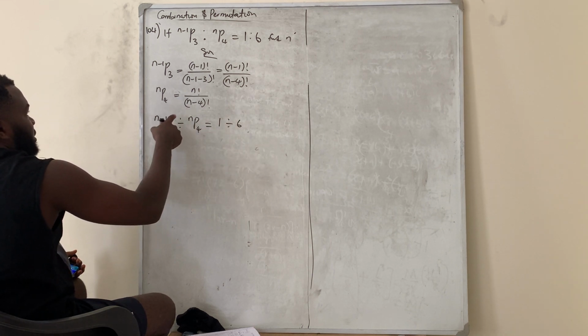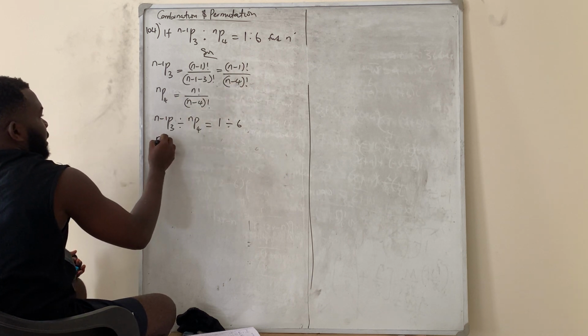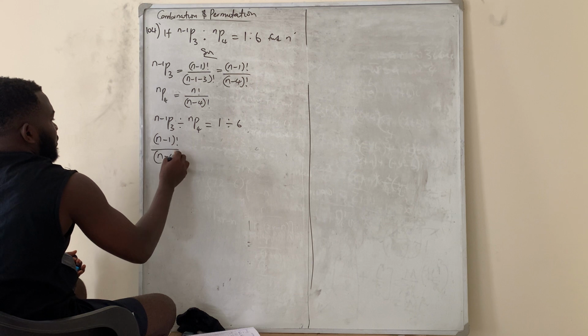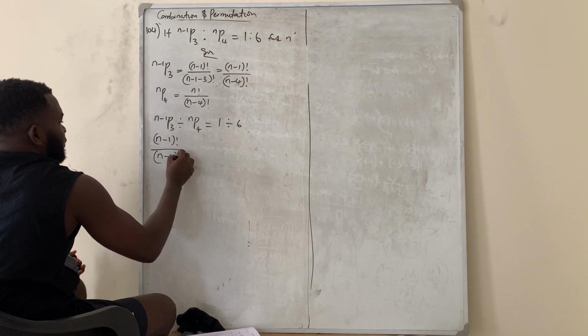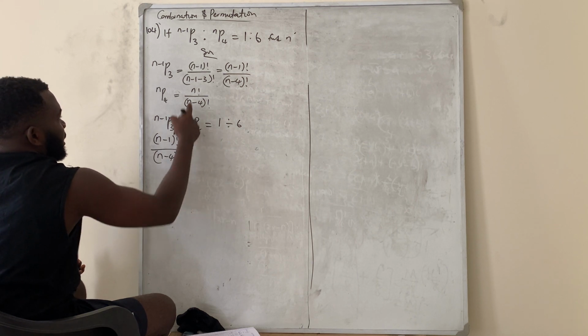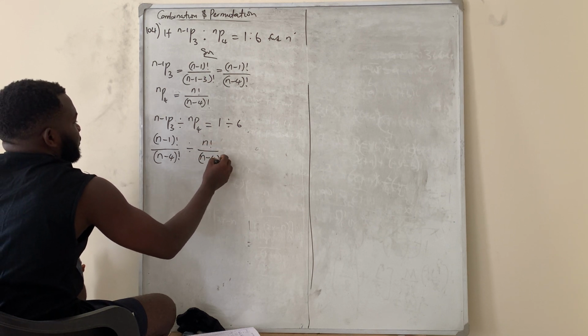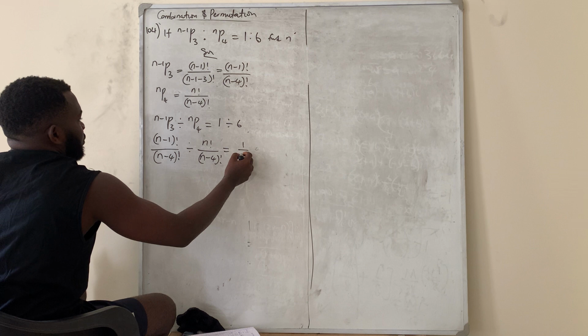So now let me write it. This one gave us n minus 1 factorial all over n minus 4 factorial, divided by n factorial all over n minus 4 factorial, is equal to 1 over 6.